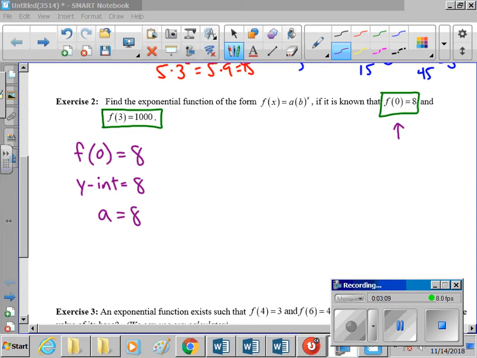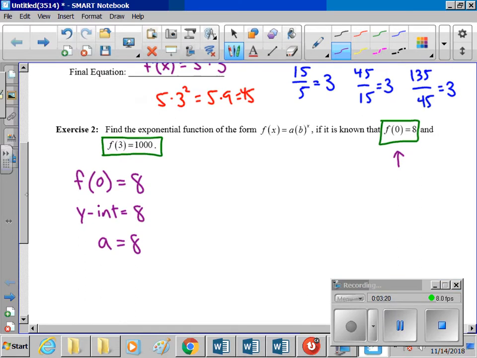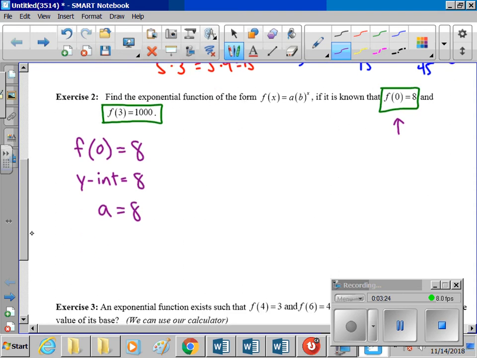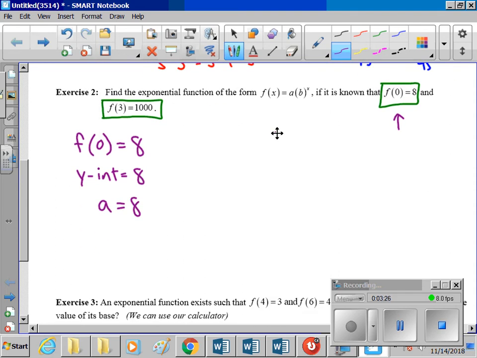We don't have a way to find b from 1 point. We need to compare 2 points and have a ratio, right? So up here, we divided our f of x's by each other. Let's do that again. So we got f of 3 divided by f of 0. That'll give us a ratio.